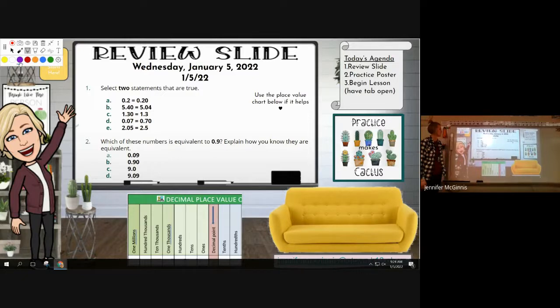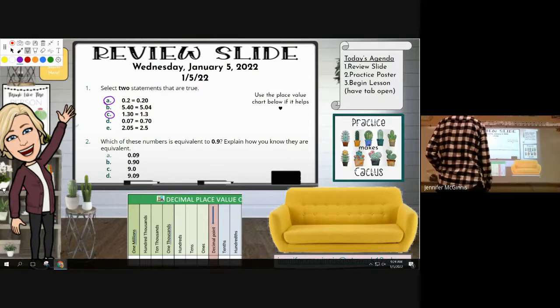So for number one, I picked A and C. And why is that? I chose those because first I just took a look here and knew that this would be 10 because it doesn't have any 0 here or here.